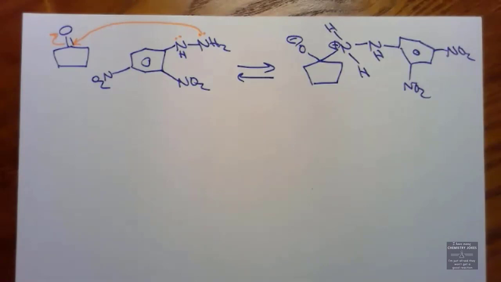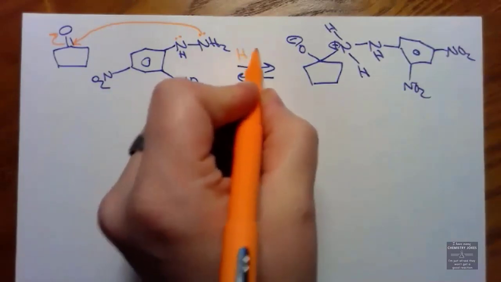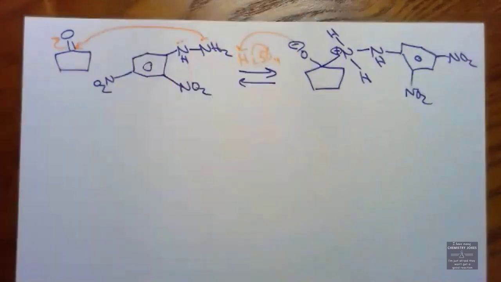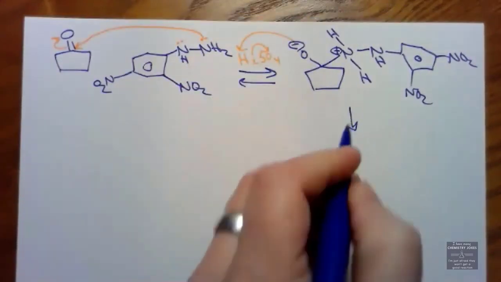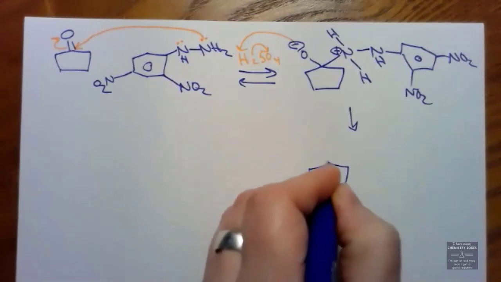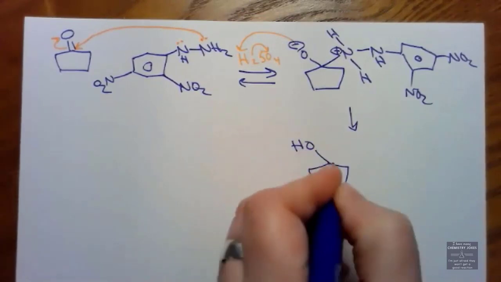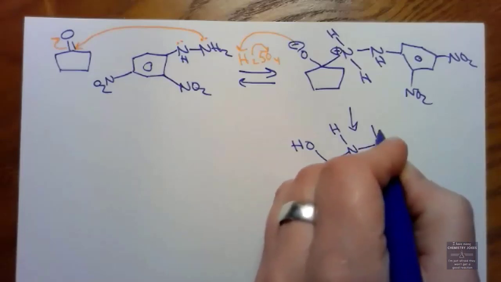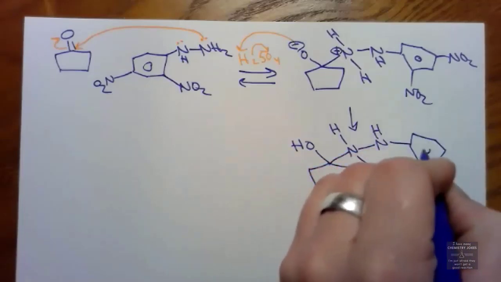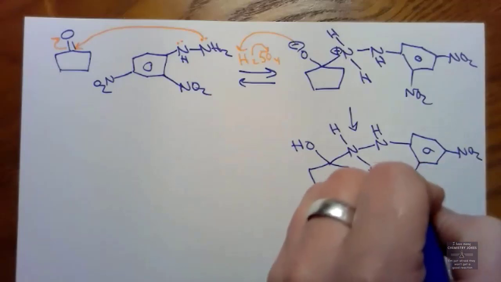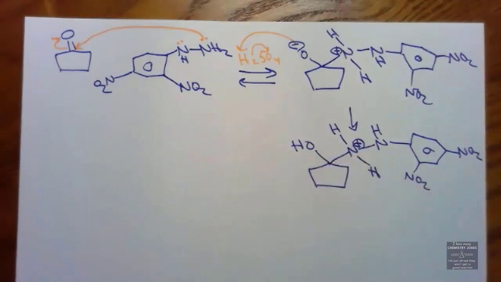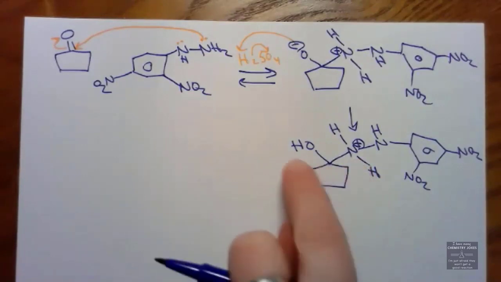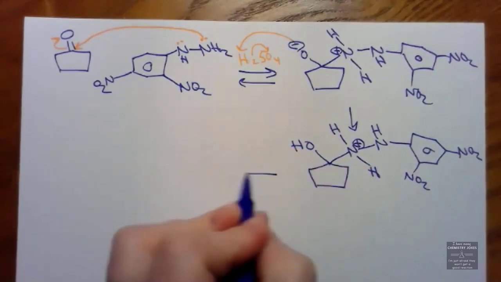This whole reaction takes place in acid, so let us protonate that O- we generated. Well, we want the nitrogen to stay, but we do want the oxygen to go away.